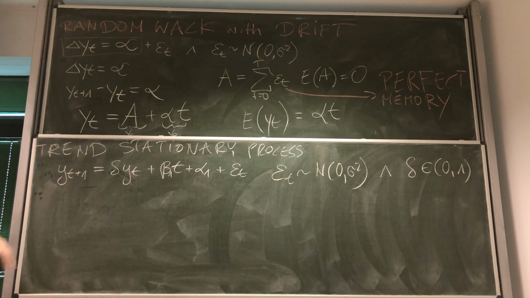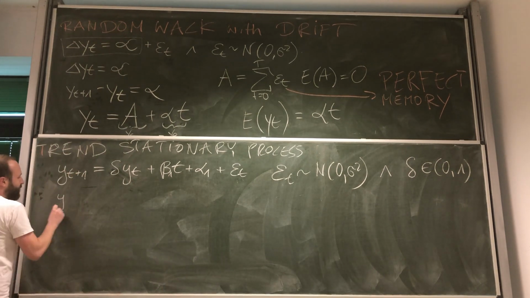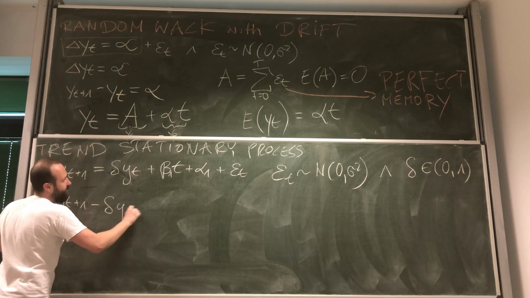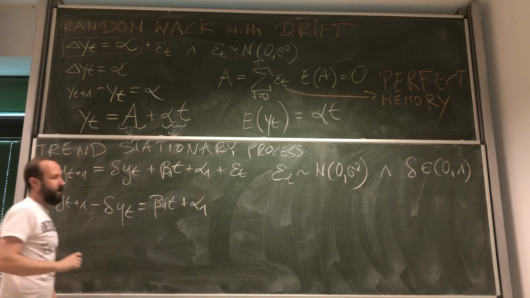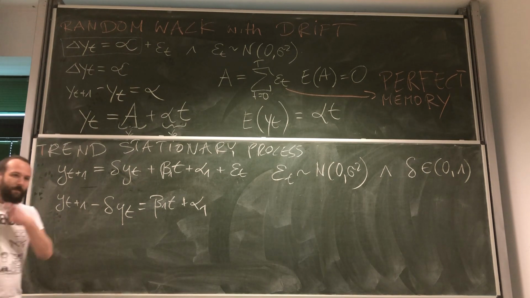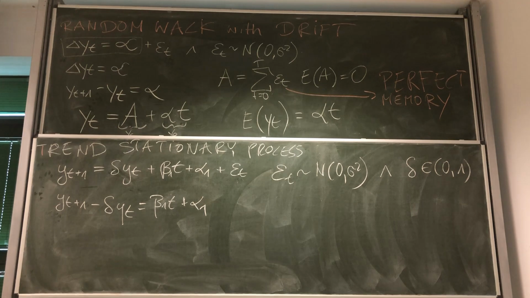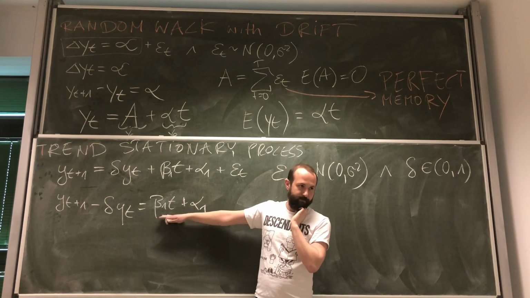and let's transform this equation into a form that we know how to solve. So we can write it as y_{t+1} minus delta y_t equals beta_1 t plus alpha_1. What do we see over here? Well, we clearly see a difference equation with constant coefficient and variable term.